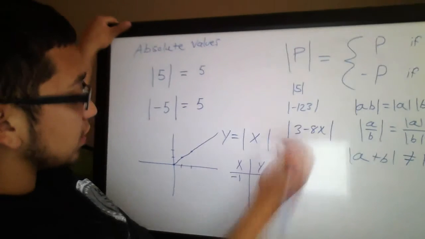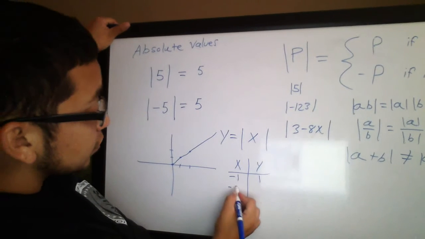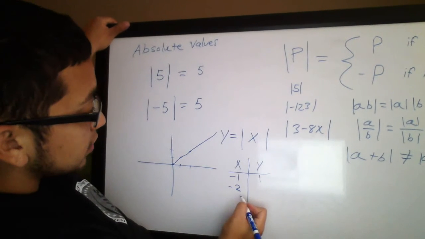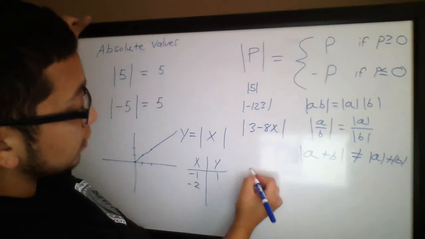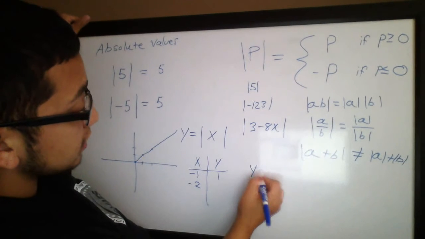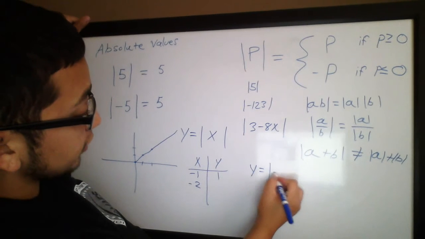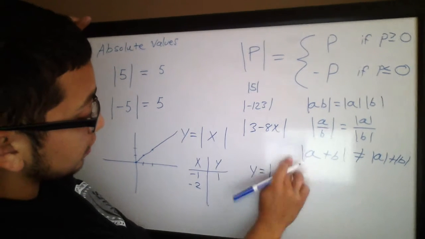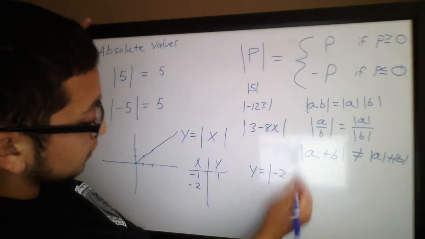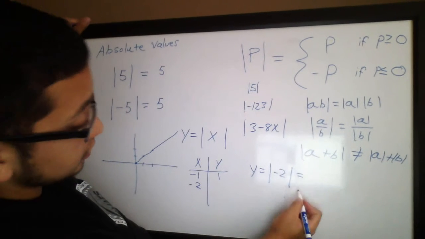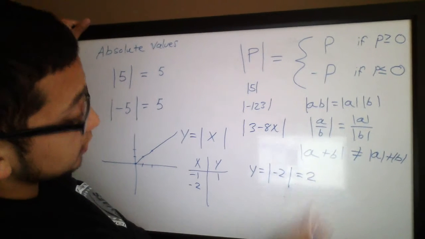So if x was -2, now I have y is equal to the absolute value of -2, and this equals +2. Why?